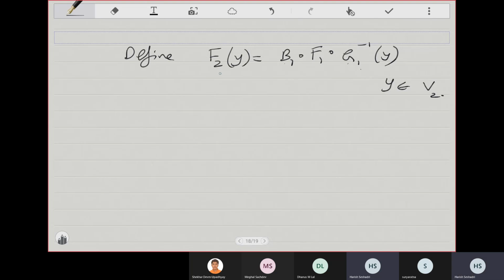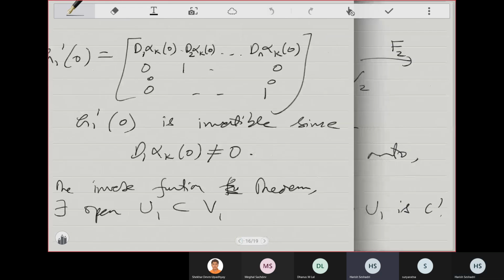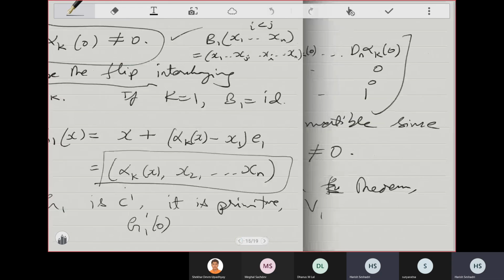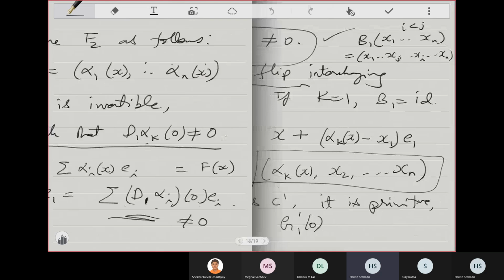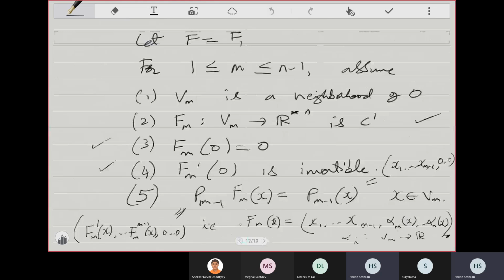Like this. Now, why do we do this? The idea is that ultimately, remember what we want. We want to sort of chip away the original function and improve. The goal to keep in mind is this one: make more and more coordinates just x1, x2, ..., xm, while keeping the others as they are.